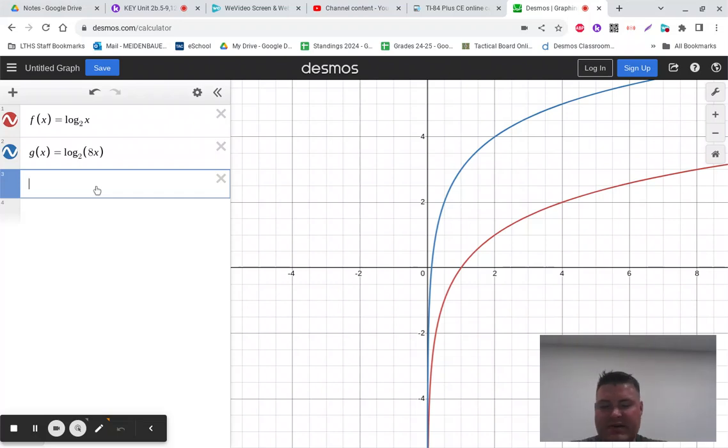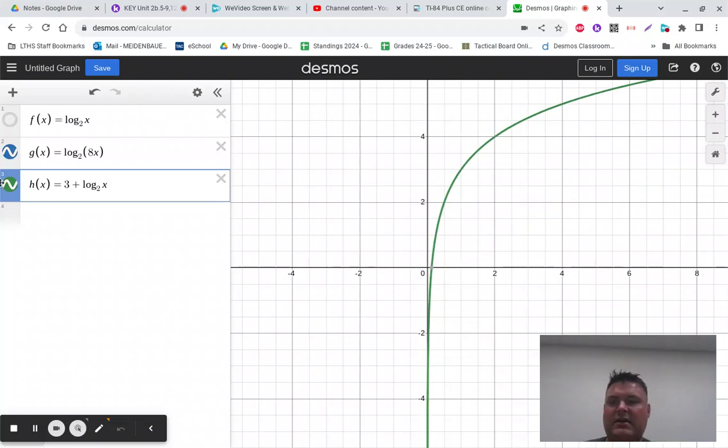Okay, but how does that compare to my h of x, which is now going to be a vertical translation? It is actually 3 plus log base 2 of x. You can see right there, that green and blue are exactly the same. So there's blue, there's green.